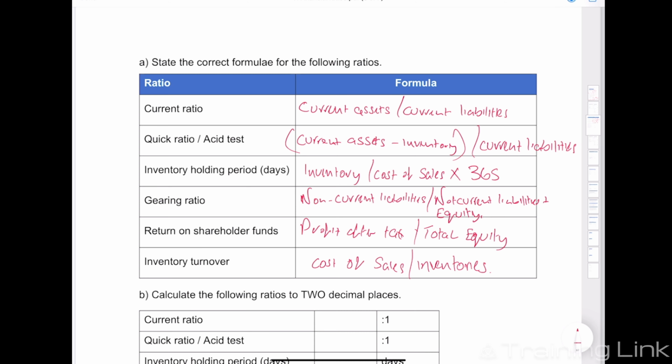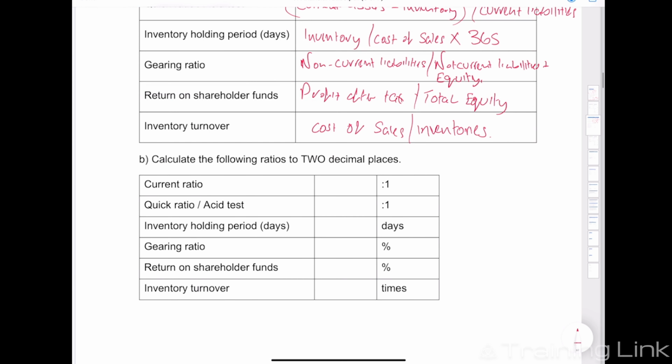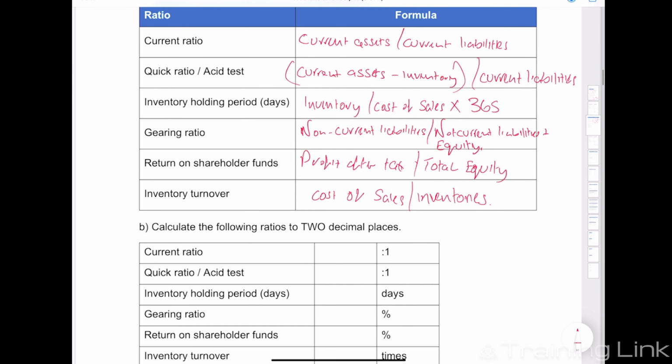So now that we've got those ratios in, it says calculate the following ratios to 2 decimal places. All we need to do is take the figures from our statement of financial position and statement of profit or loss, put them into our formulas, and that will give us our ratios. We'll start off with the current ratio, which we've said is current assets over current liabilities.